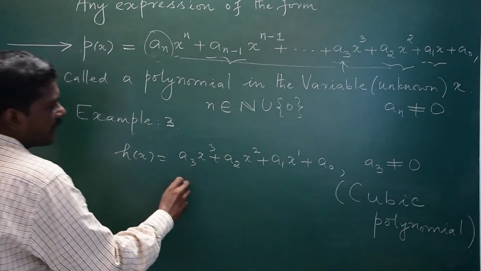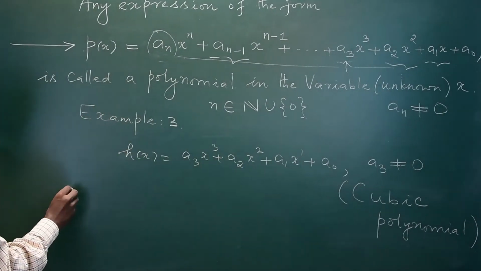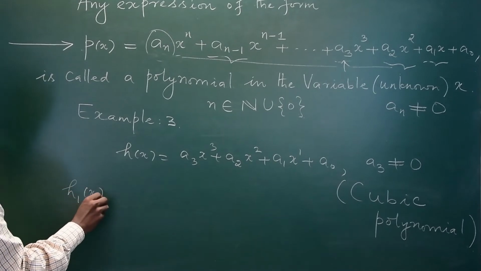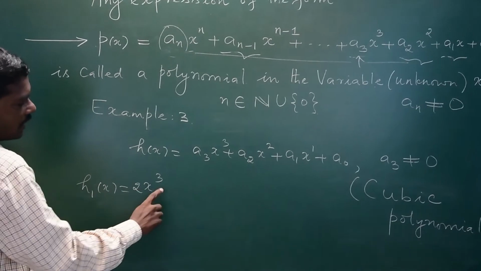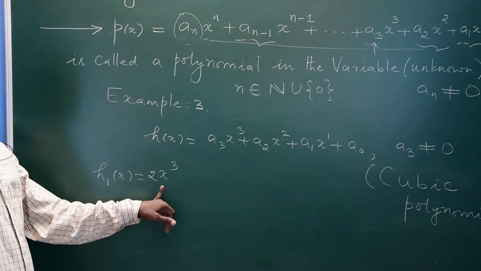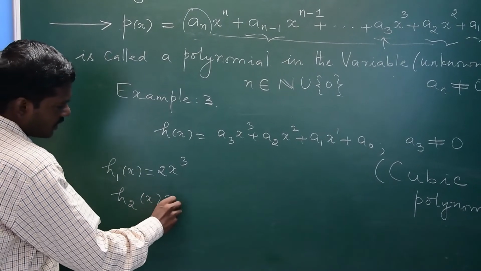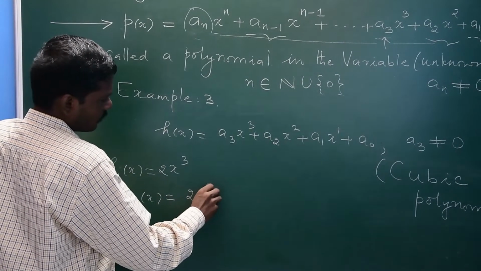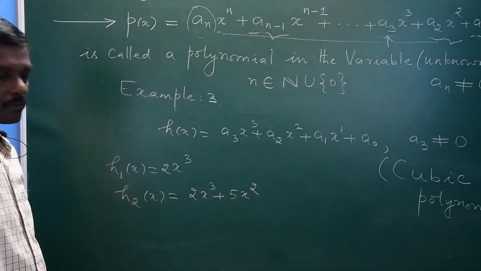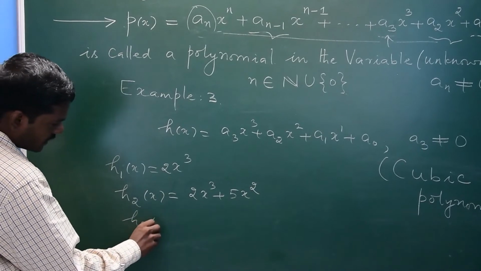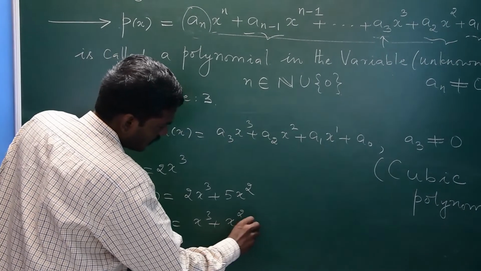Now by giving different values to a0, a1, a2, a3, we get different examples. For example, h1 of x is 2x cubed, with all other coefficients 0. So this is one example of a cubic polynomial. And h2 of x is 2x cubed plus 5x square. So this is another example. h3 of x is x cubed plus x square plus x.